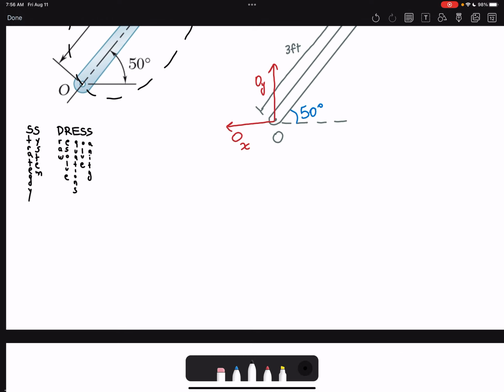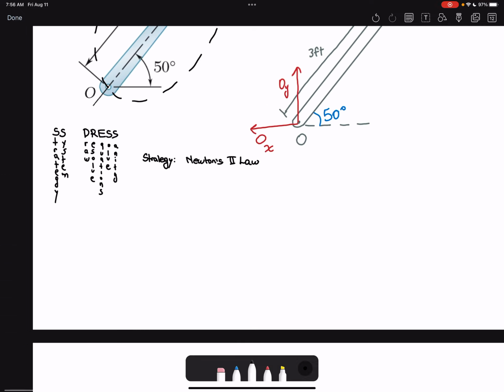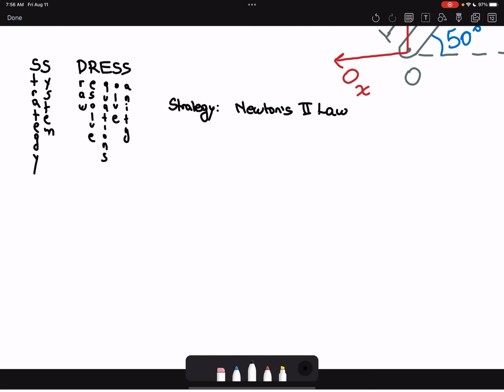So the strategy. What is my strategy going to be? My strategy is going to be Newton's second law, both for moments and the forces, because they're going to be equal to 0.